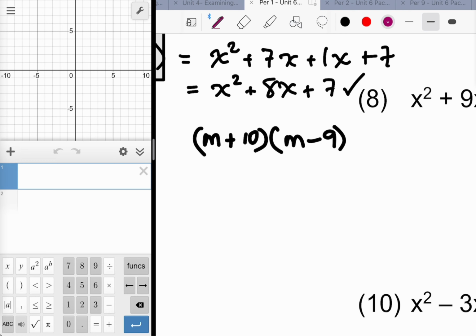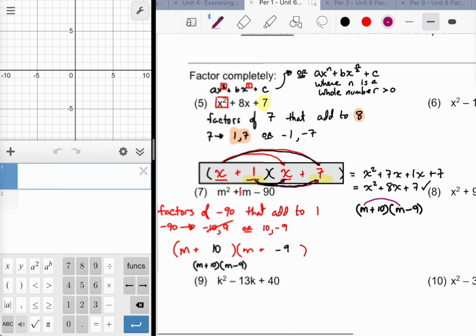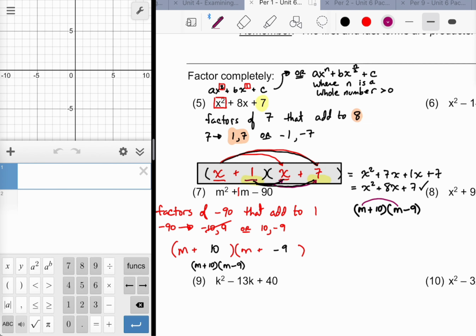All right? So what we would normally do is multiply the first value by each of the two terms in the second expression, then multiply the second value, same deal, by each of the two terms in the second expression. But we already know that multiplying the first values is going to give us the m squared. That's why we put the m and the m there to begin with. We already know that the 10 and the negative 9 multiplied is going to give you the negative 90, because that's where we came up with those numbers to begin with.